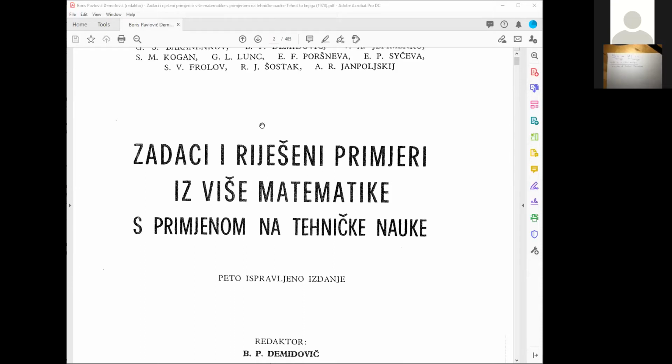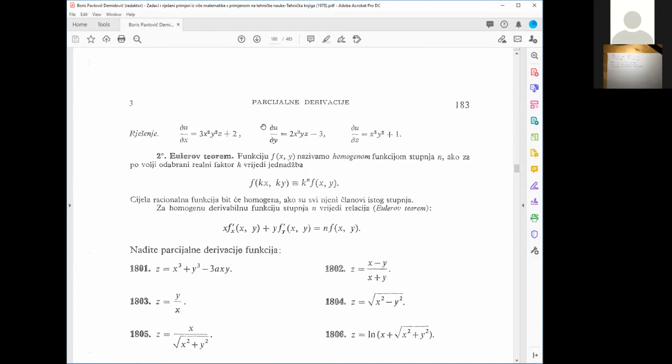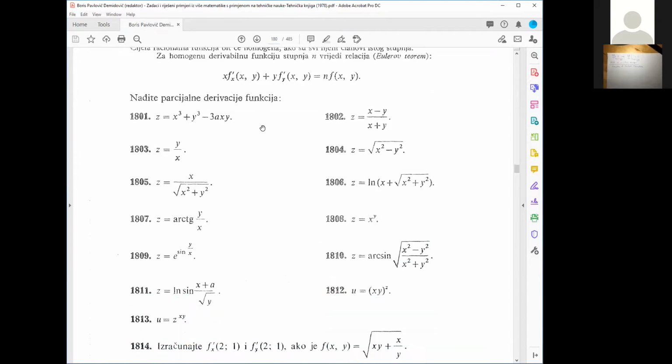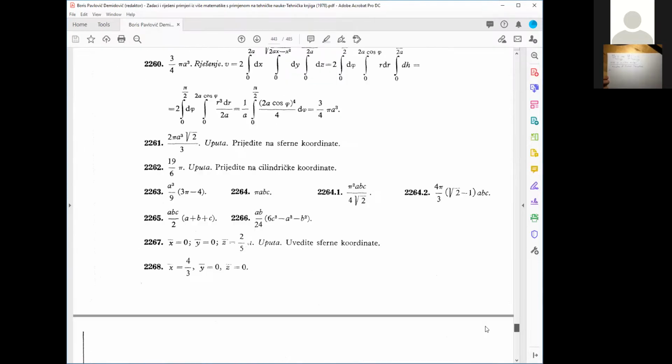But of course you can download this in English if you want. So I remember the page here. The page was 180, and that brings us to, well, let's do problem, I'll call it 1, but it's actually this one right here, 1801. Okay, so how many problems are there in this book?